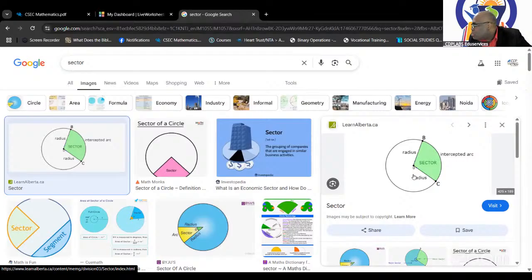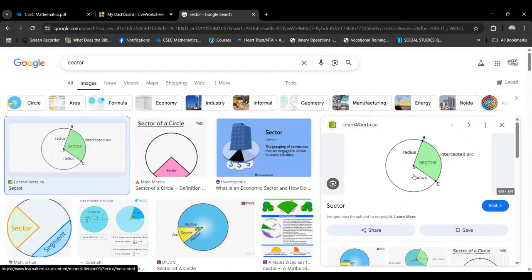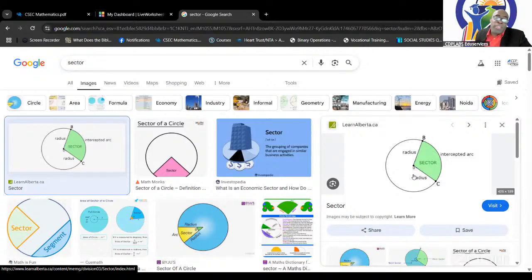We would have to know the radius first. You have to know the length of the radius and what else? An arc length. The arc length, exactly.